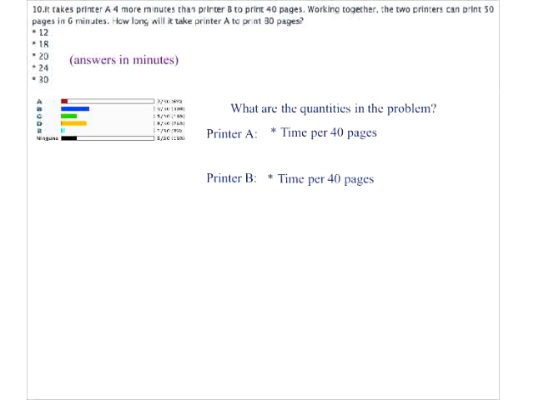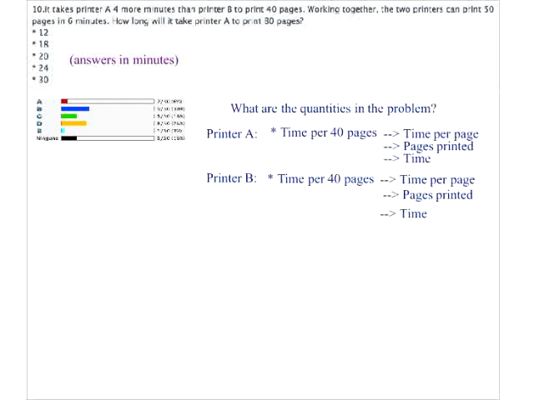And then we can take that and make that into a time per page. And then you've also got pages printed, and you've got time. Same thing here, number of pages printed and time.